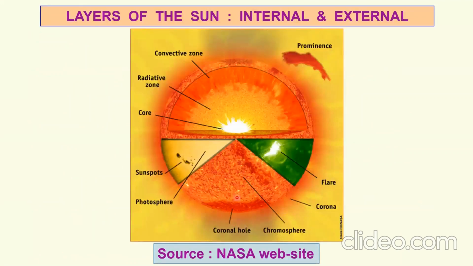This diagram shows the internal and external layers of the sun. The central part of the sun is known as the core, which is the central engine of the sun, from where the sun derives its energy, and which constitutes about 25% of the internal layer of the sun.